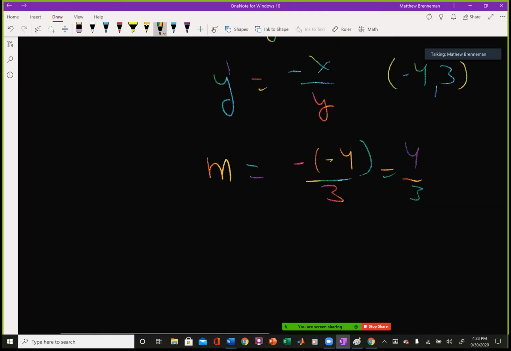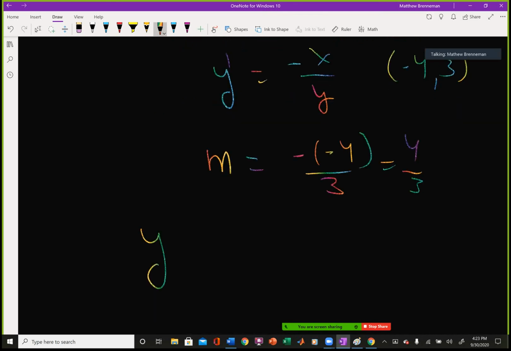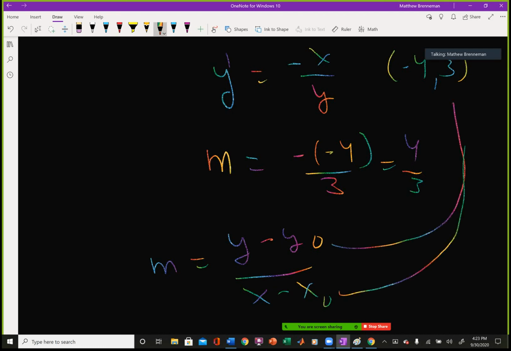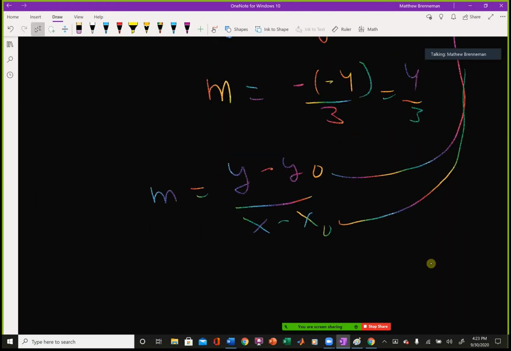And so now we're almost done, right? Let me do slope intercept form. So m is equal to y minus y naught over x minus x naught. And again, x naught and y naught are the coordinates for this point. So 4/3 is equal to y minus 3 over x plus 4.